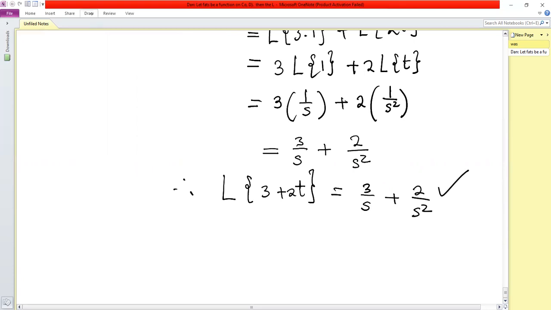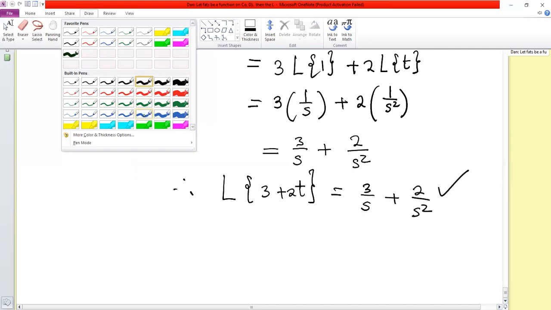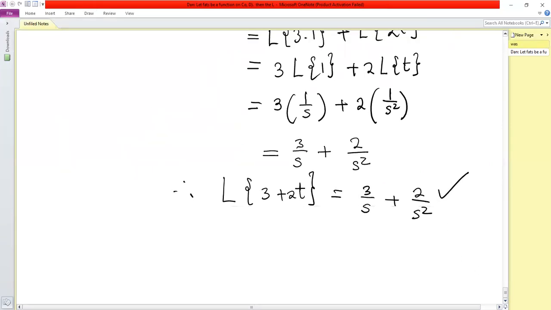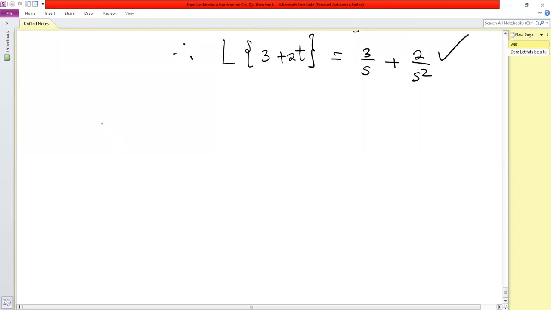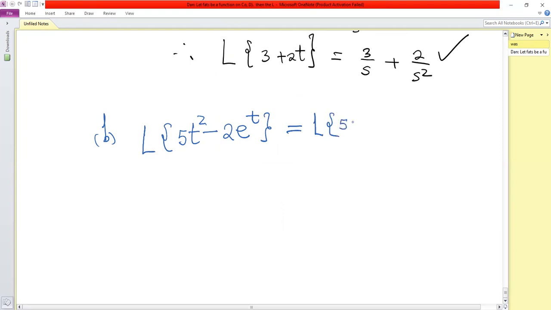And then the second problem, part B: the Laplace transform of 5t squared minus 2 e raised to the power t will be given by the Laplace transform of 5t squared plus the Laplace transform of minus 2 e raised to the power t.